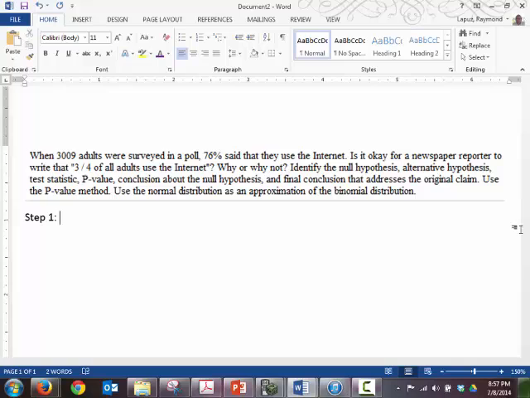So step 1, what is the claim? The claim, in this case, is what? 3/4 of the adults use the internet, right?